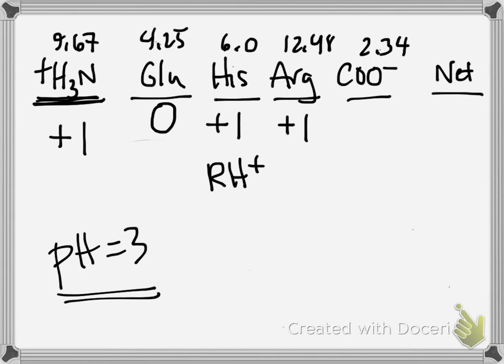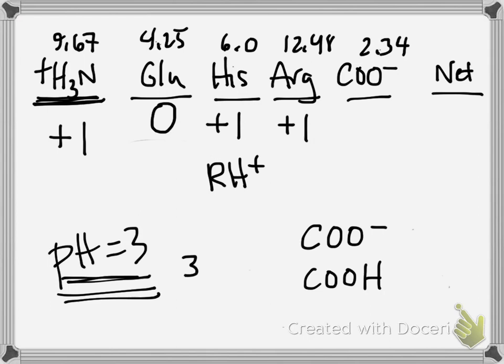We go to the carboxyl group at the end, and the pH is a little over 1 difference. So let's look at this. We got CO- or COH are our options. The pH here is greater than the pKa of this group, and so you're going to have mostly deprotonation.